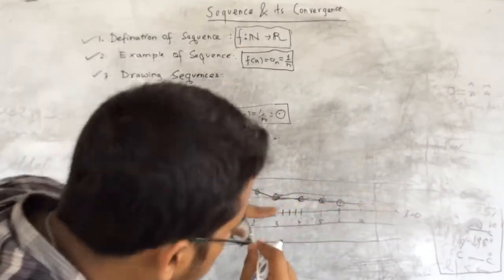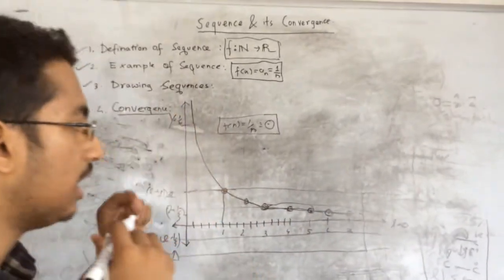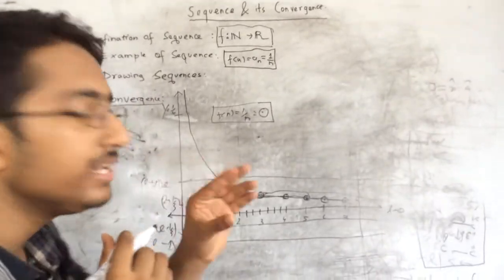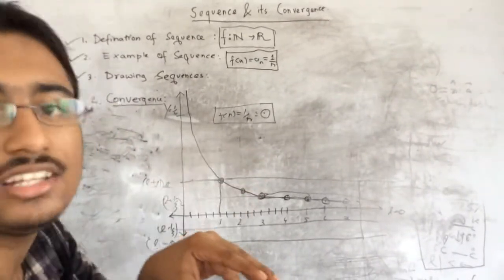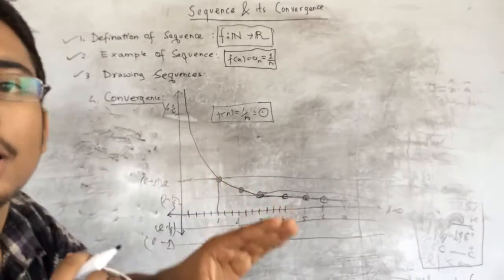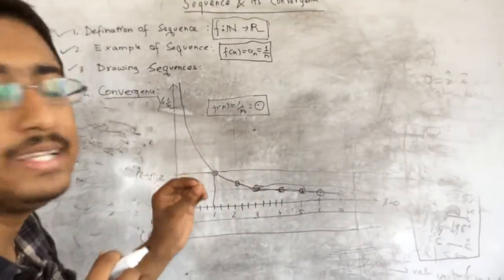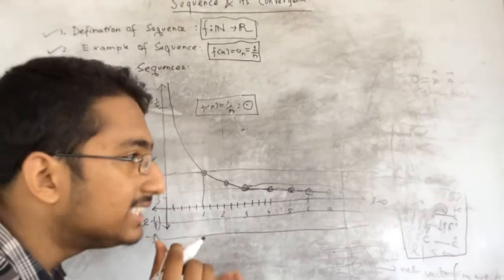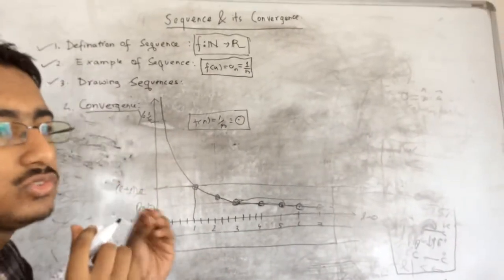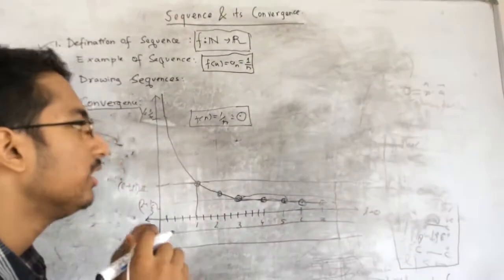If you take a smaller and smaller interval, the number after which all the terms are inside the strip will get larger, but still there will be a number after which all the terms are inside the strip. That's exactly the point of convergence we will try to establish.